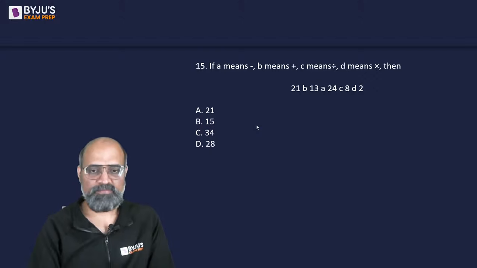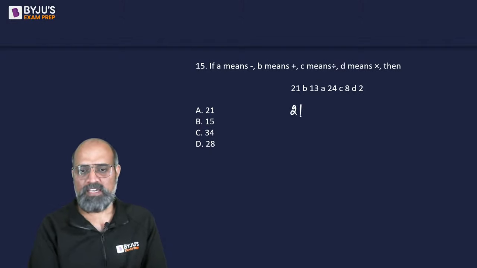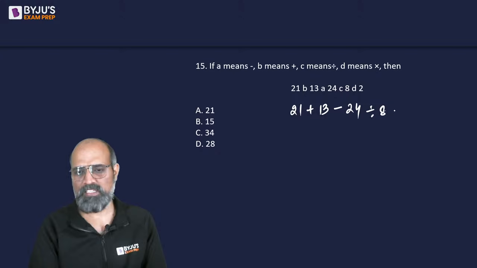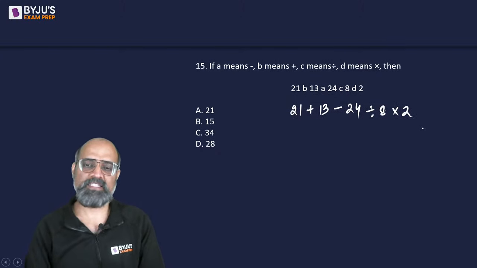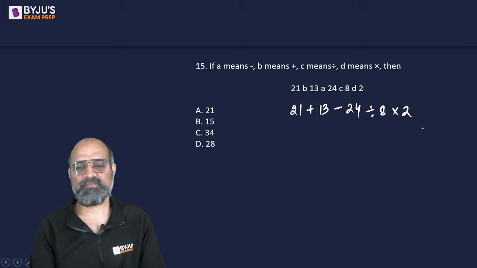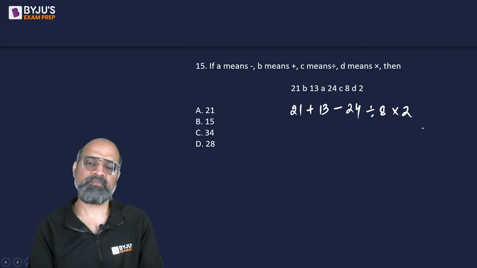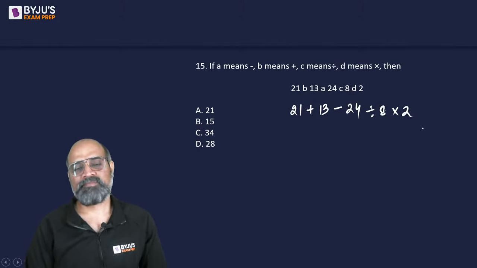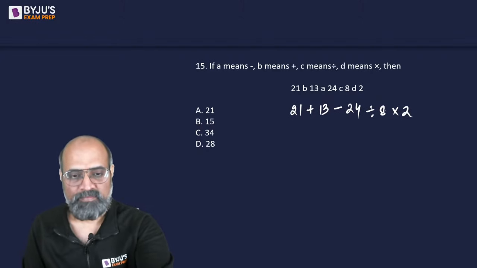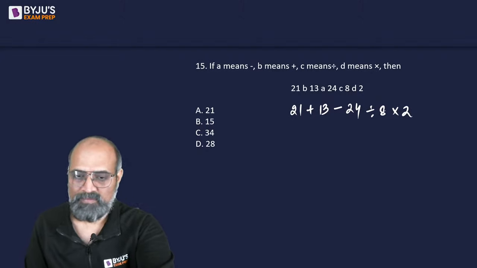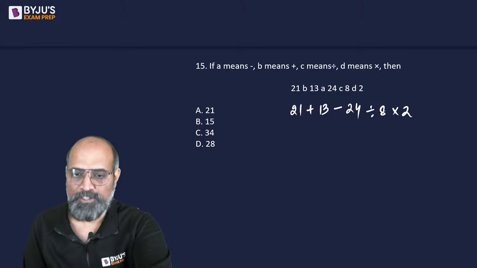Okay, 15th. A question very similar to the previous one. B means plus, A means minus, C means division, and D means multiplication. So what will this result in? Plus 3 into 3.